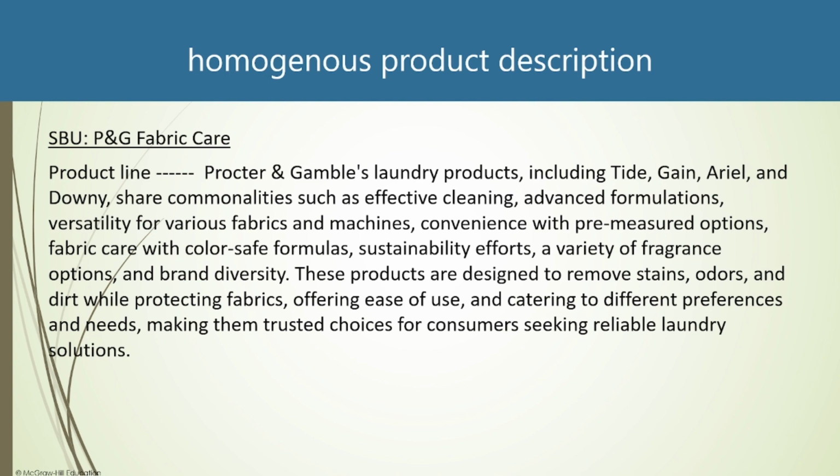These products are designed to remove stains, odors, and dirt while protecting fabrics, offering ease of use, and catering to different preferences and needs, making them trusted choices for consumers seeking reliable laundry solutions. As you can see here, this is a detailed description of the common characteristics of the products in this particular fabric care strategic business unit of Procter & Gamble.